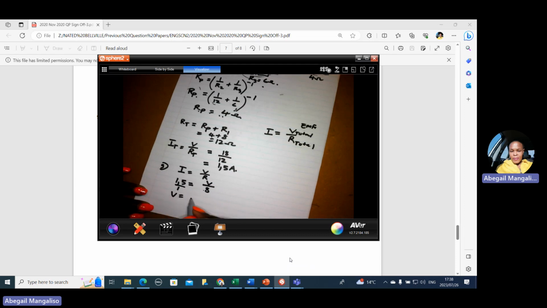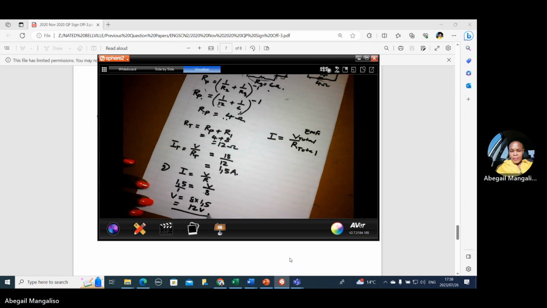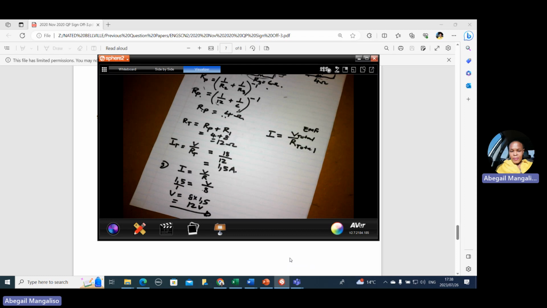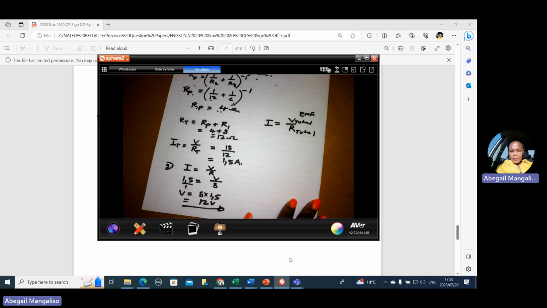V will be equal to 8 times 1,5, which is 12. We got the voltage as 12 volts.